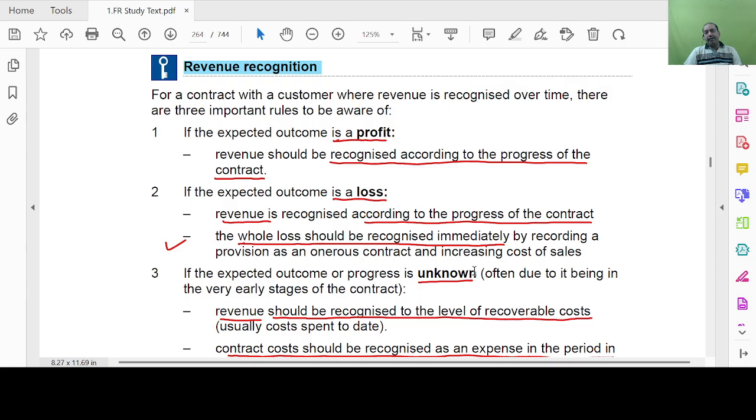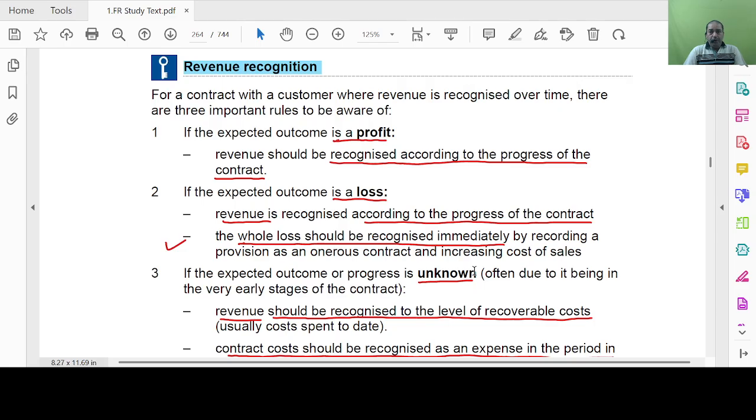Let us take an example, just for the sake of taking some numerical values. I have got a contract to prepare 10 kilometers of a road. At the end of the year, I find that only 4 kilometers of the road are completed.